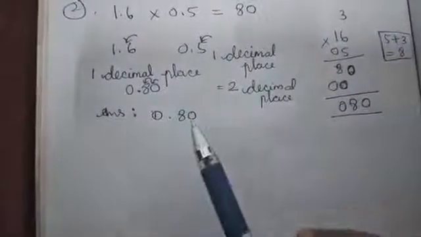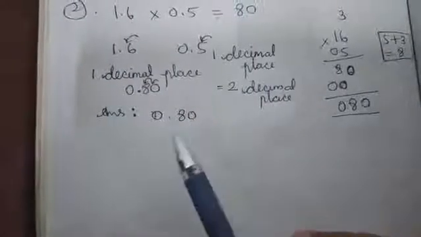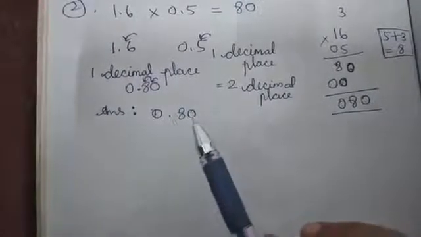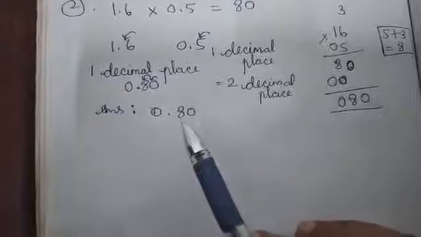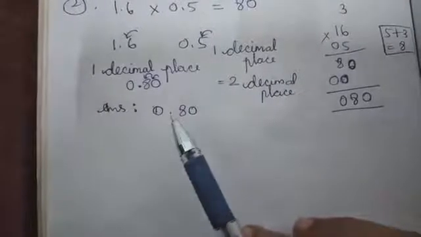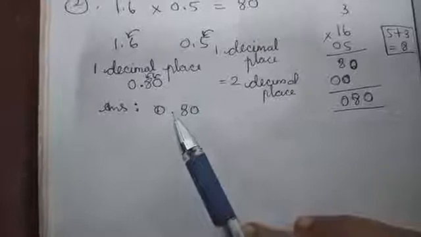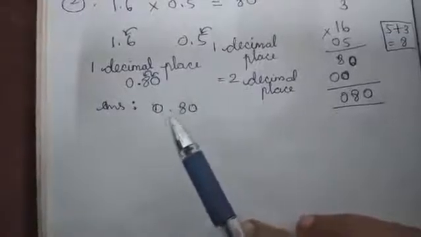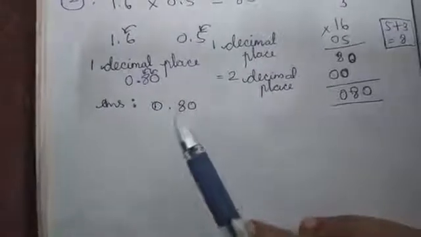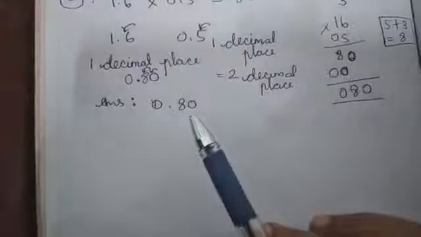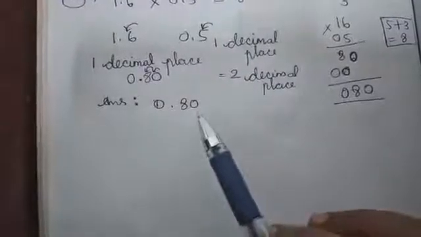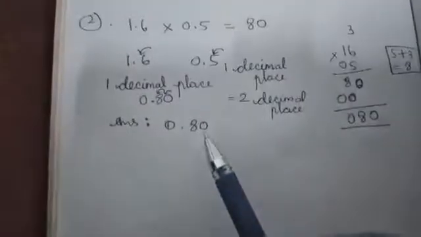In the answer we count 2 decimal places: 1, 2. So we put the decimal point here. The answer is 0.80. This is the answer for the second sum.